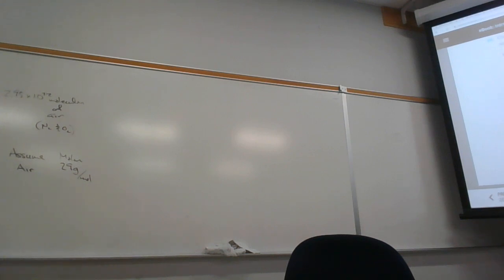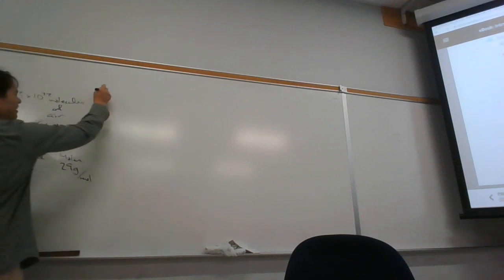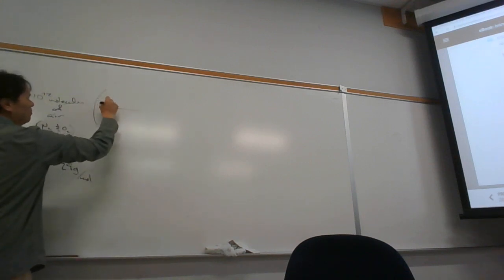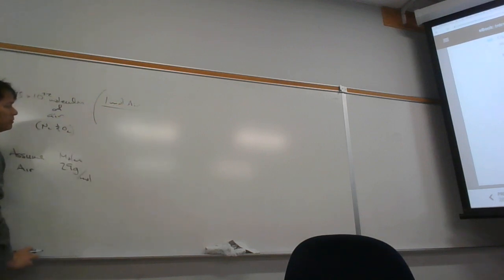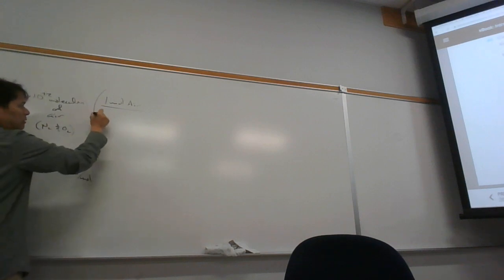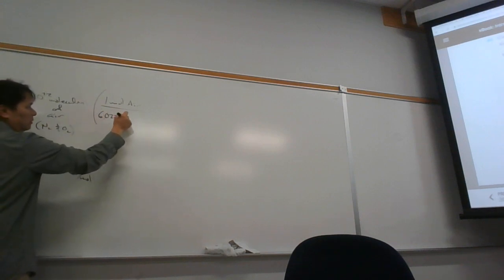And so typically you go from grams of A to moles of A to number. But in this case, we're going to go from number of molecules to number of moles, from number of moles to mass. And so we're going to use Avogadro's number here. Avogadro's number says that 1 mole of anything contains how many? And so 1 mole of air is going to contain how many molecules of air? 6.022 times 10 to the 23rd.